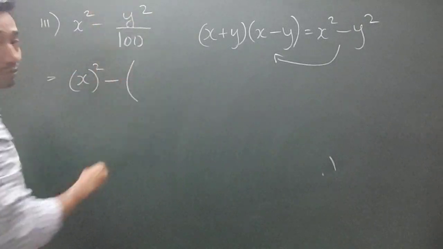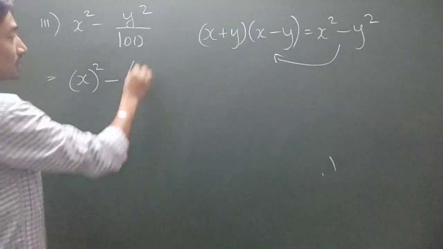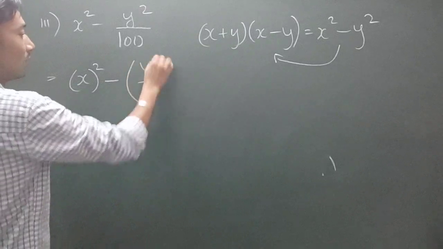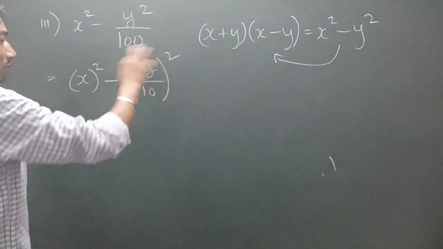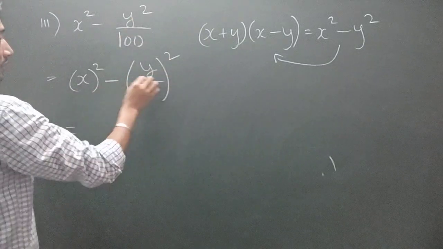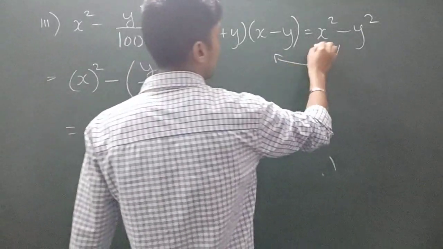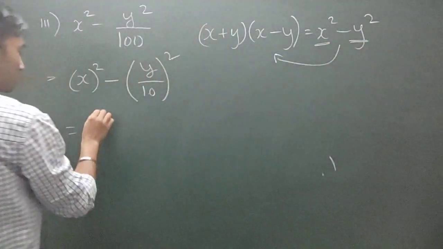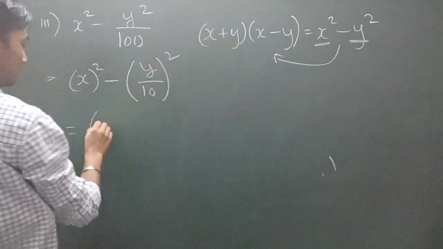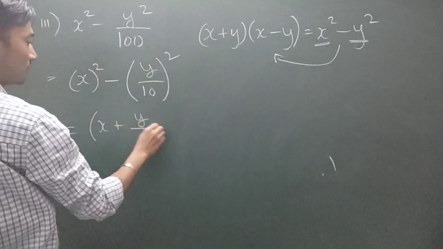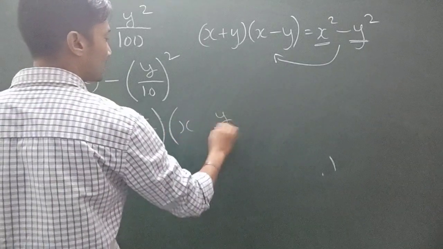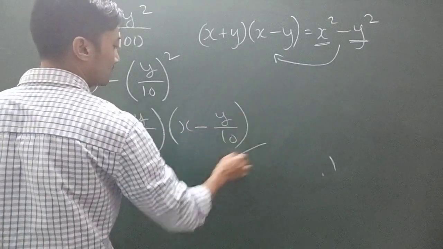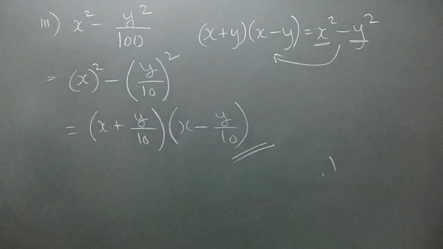But here no problem, because y squared over 100 we can simply write as (y divided by 10) whole square, because y squared is y squared and 10 squared is 100. Then it is in this format, x squared minus y squared. So what shall we do? It is x plus y, where y here is y by 10. So x plus y by 10 into x minus y by 10. Simple as that.